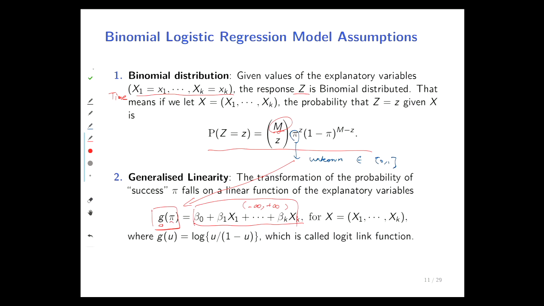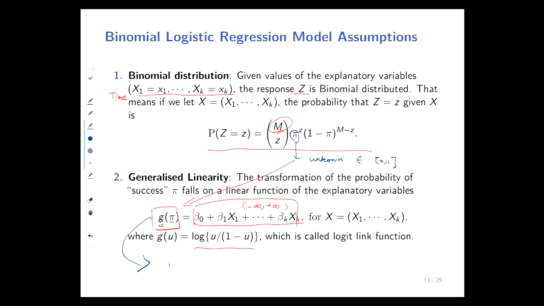I think that's the spirit of the generalized linear model. If we have a mismatch of the range, then we just use some link function. Here we use the logit link function, which is still the same. Then we have this generalized linearity, and you can compare it to the binary case.